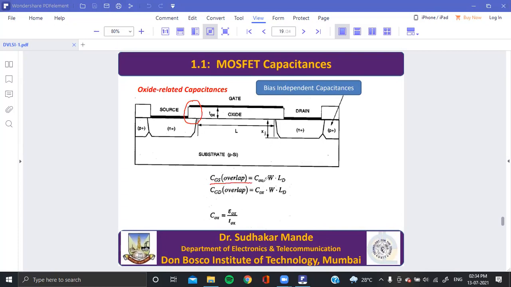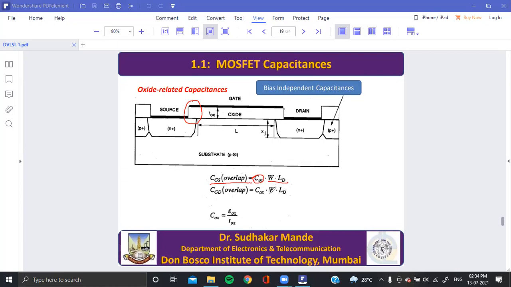And it is given by Cox, which is basically the oxide capacitance per unit area, multiplied by the area. The area is W times LD, that is length into width, the overlap area.